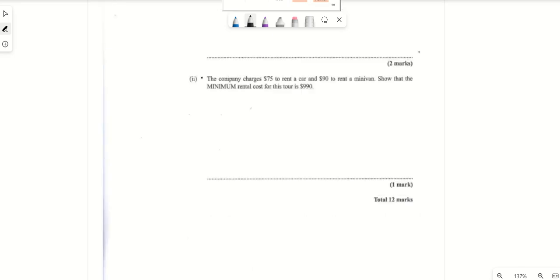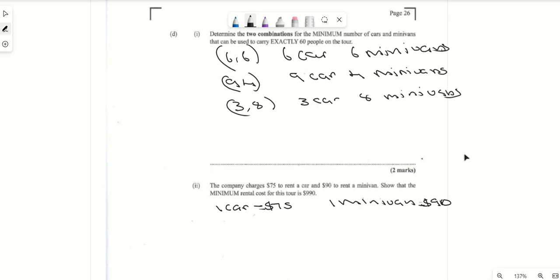The last part of the question says the company charges to rent a car. So one car is equal to $75, right? And one minivan is equal to $90. Now they told you the possible combinations, and you want to show the minimum cost is $990. So you can check your possible combinations. Let's try 3 cars plus 8 minivans.